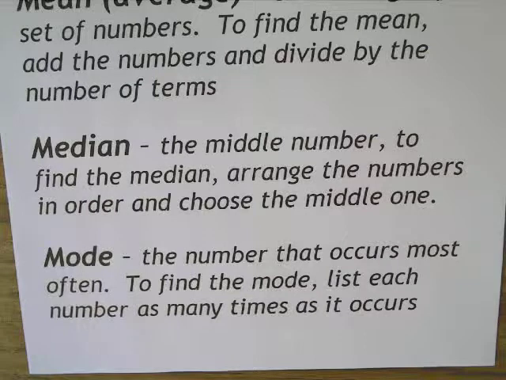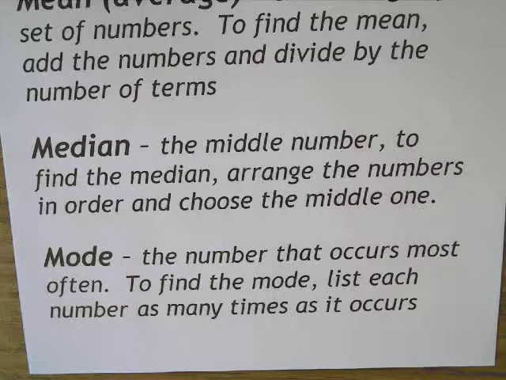And we'll talk about what you do there. But if there's 5 numbers, the third number, the third largest number, is going to be your median. Very simple. No adding, subtracting, multiplying, or dividing. Just look at the numbers, figure out which one falls in the middle, which one is sitting in the middle.